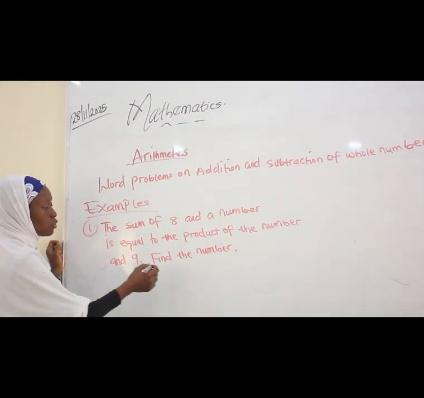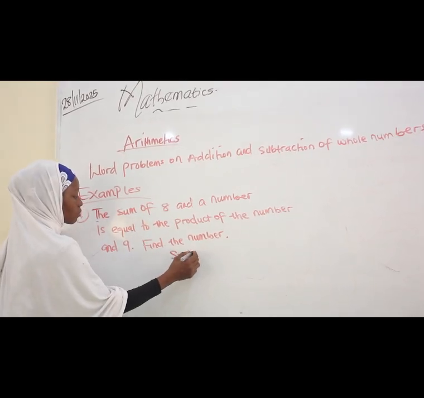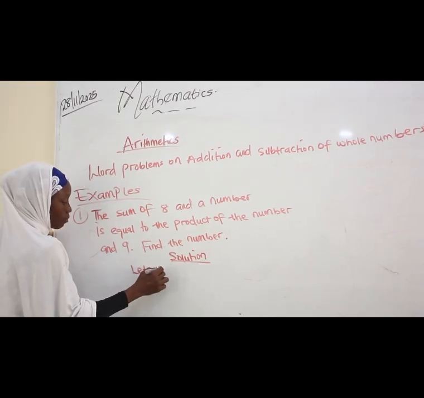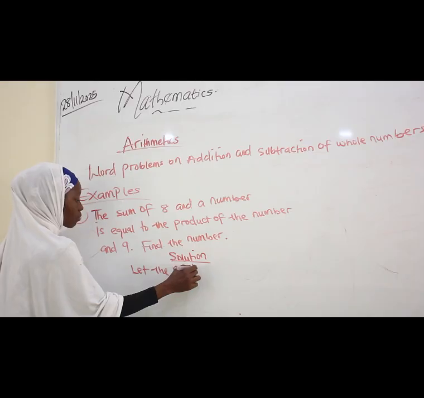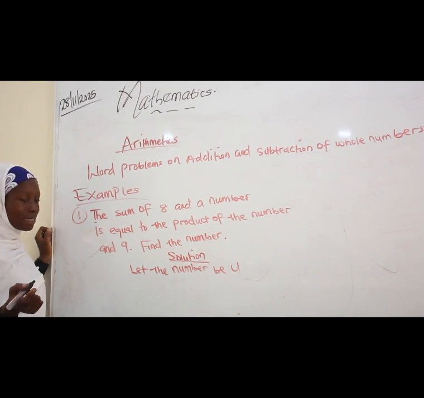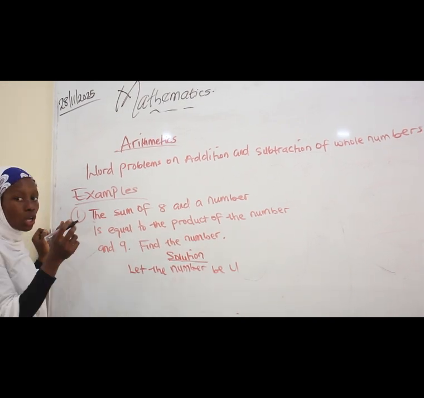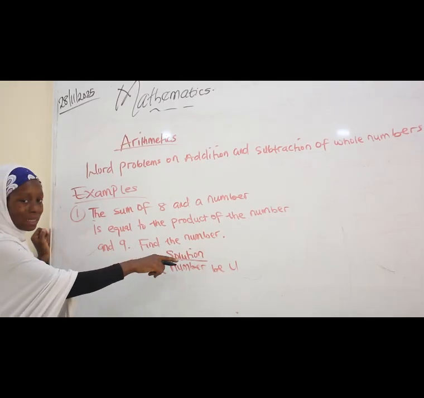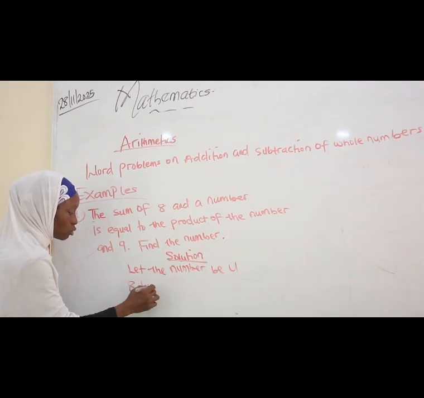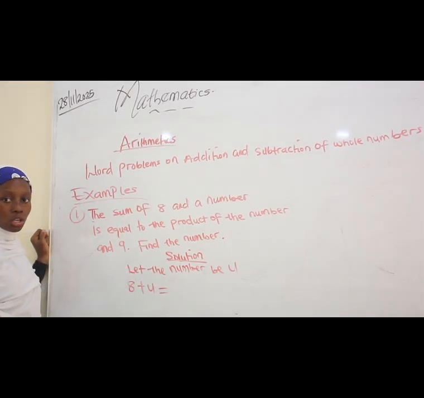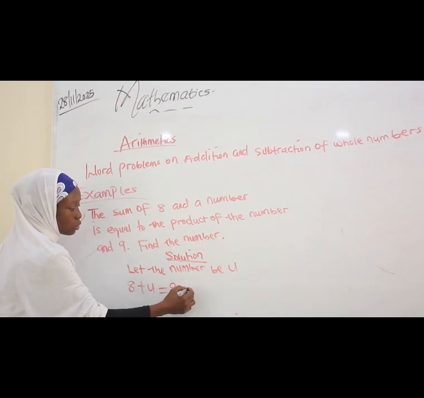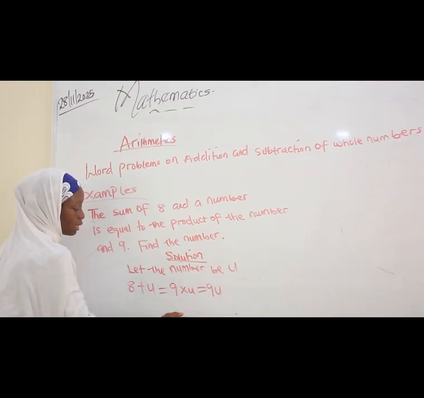So in this case, let the number be U. So now, the sum of 8 and the number, represented with letter U, means 8 plus U, is equal to the product of that same number and 9, that is 9 times U, which is 9U.